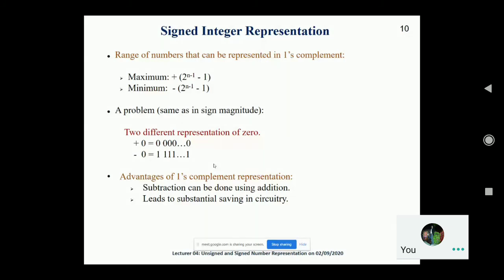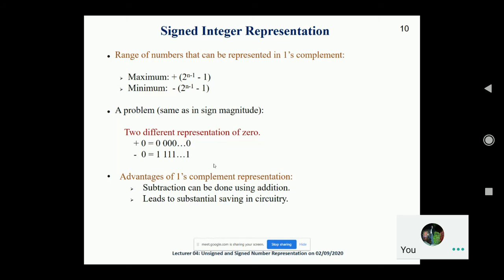Addition means we are adding two numbers, but the same concept we apply for subtraction, and that is easily handled by 1's complement. So an extra circuit is not required. That means an extra function is not required for subtraction. A function is nothing but what we convert into a circuit with the help of gates or flip-flops. If we use 1's complement, the addition concept is used for subtraction. That is the one benefit.